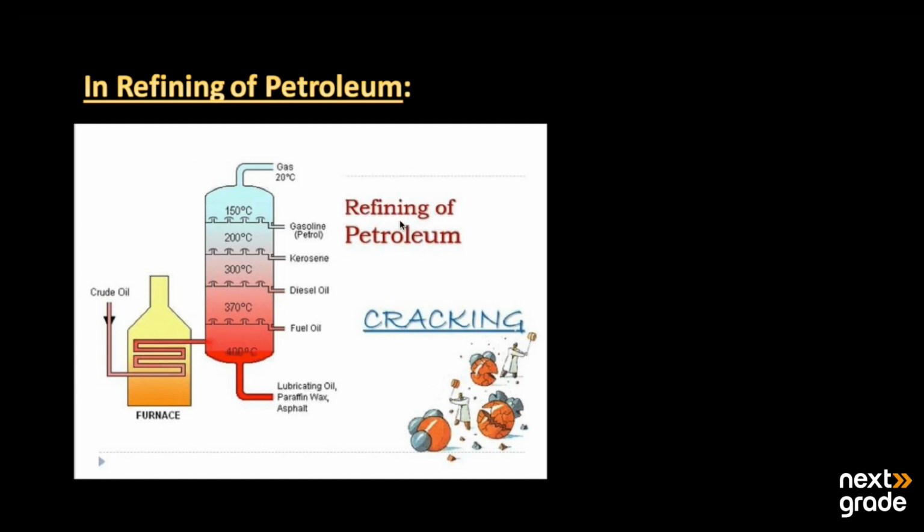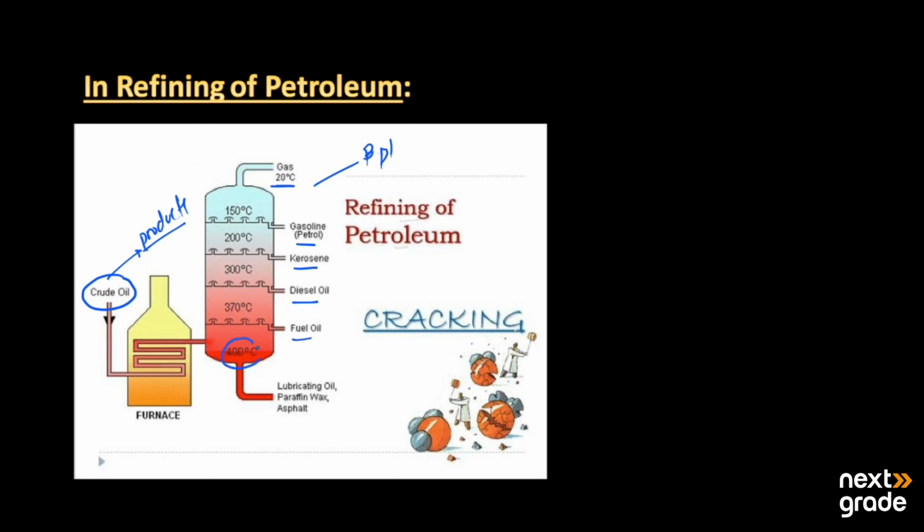Here we have the process of refining petroleum products, in which the crude oil, which has all types of impurities or all the petroleum products, is heated at high temperature, and the different fractions are separated on the basis of their boiling points. The first fraction is separated at 20 degrees Celsius, and so on.